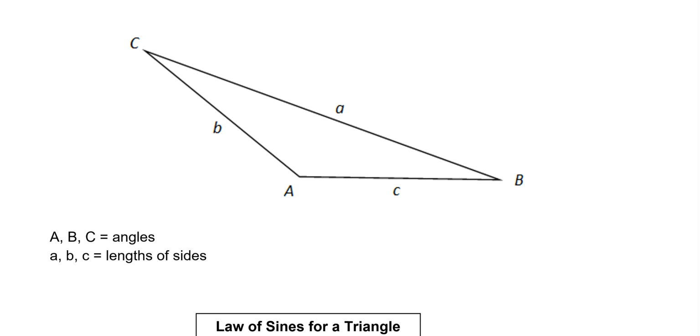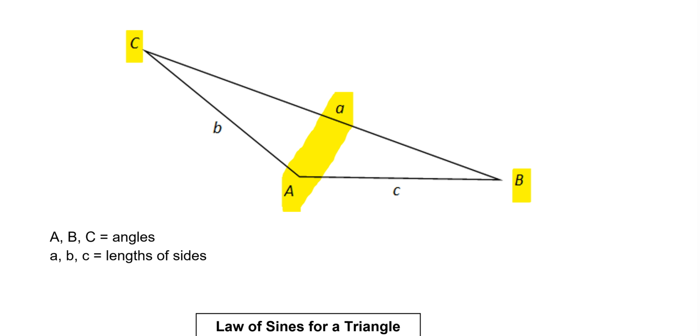When we label the sides and the angles of the triangles, we typically use capital letters for the angles and lowercase letters for the sides. The one thing to keep in mind that's basically always true in this notation is that the same letter is across from each other.